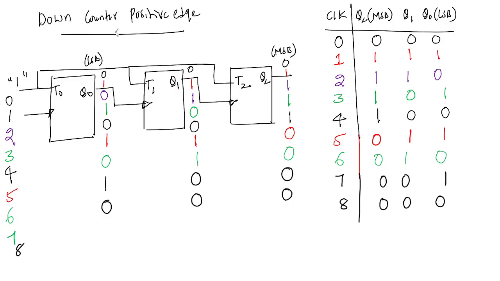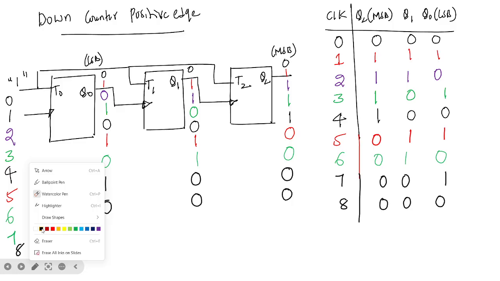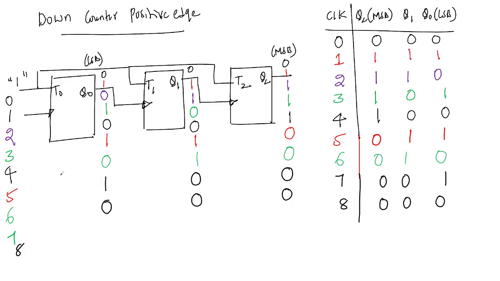Okay. Is it down counter or up counter? I'm asking you. It's down counter, no. Down counter. Initial state is 0, 0, 0. After that, it is becoming what? 1, 1, 1, then 1, 1, 0, 1, 0, 1, 1, 0, 0, 0, 1, 1, 0, 1, 0.